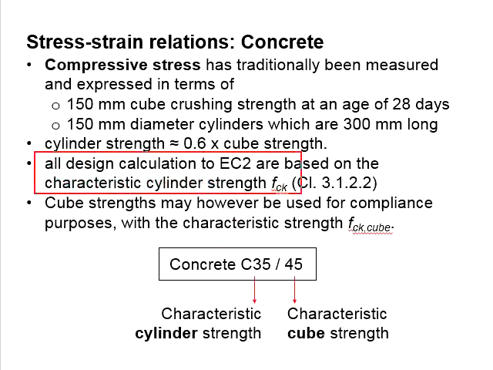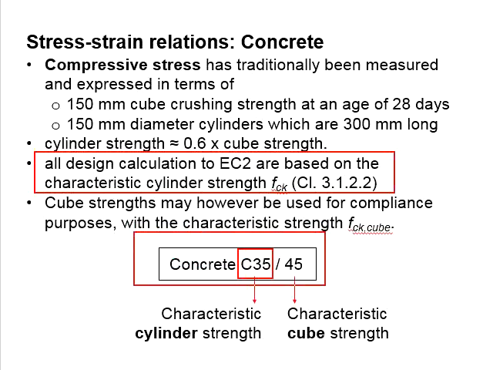In the design of Eurocode, the concrete grades are based on the first number. Therefore, for the concrete grade here, fck will be equal to 35.